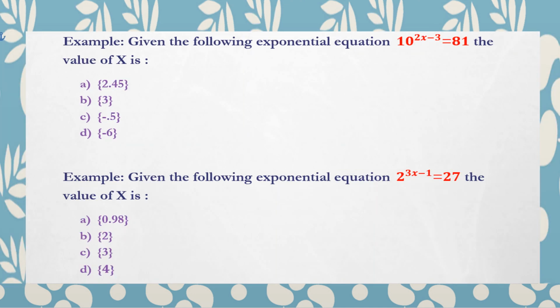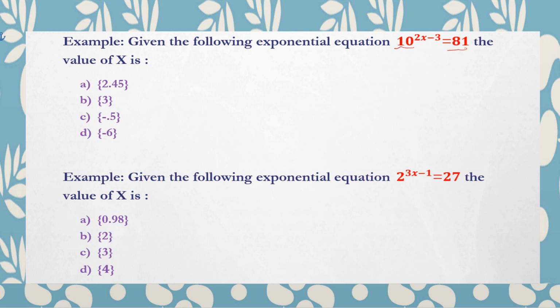Another example, given the following exponential equation, 10 power 2x minus 3 equals 81. Find the value of x. In this equation, the bases are not the same for both sides, and also we cannot equate the bases. We cannot make 81 equal to 10.